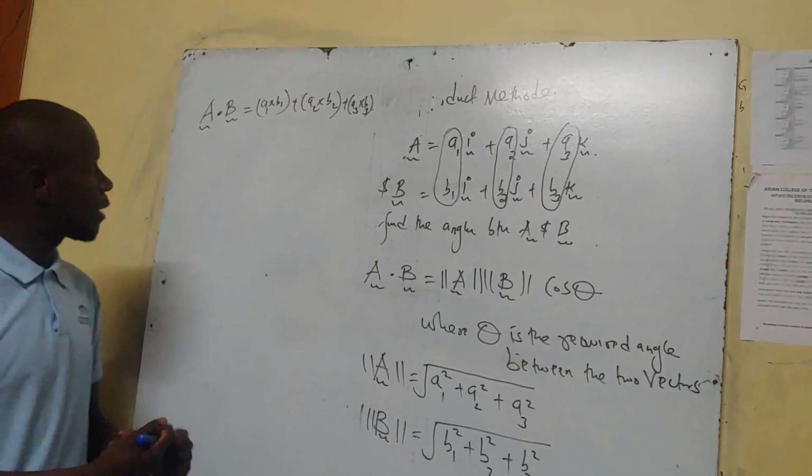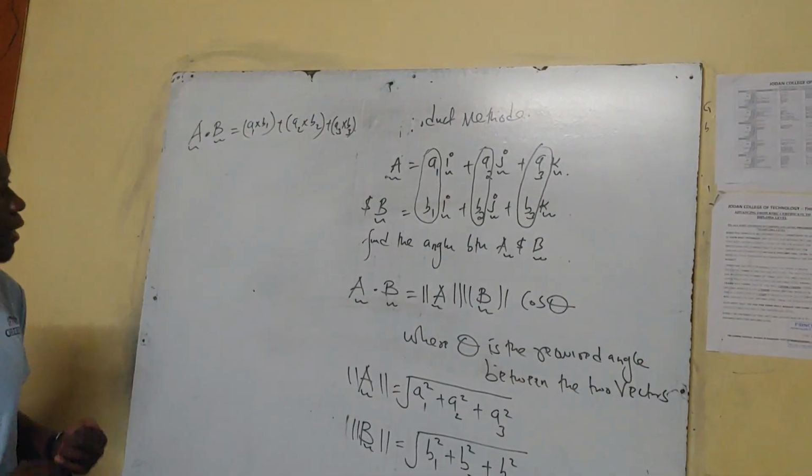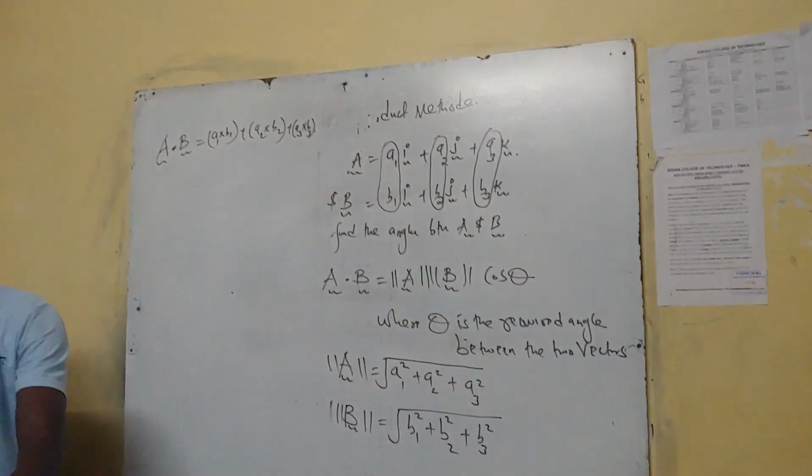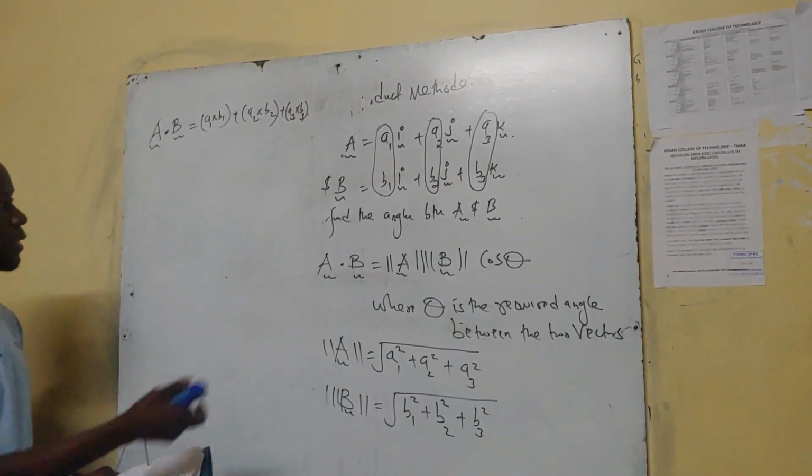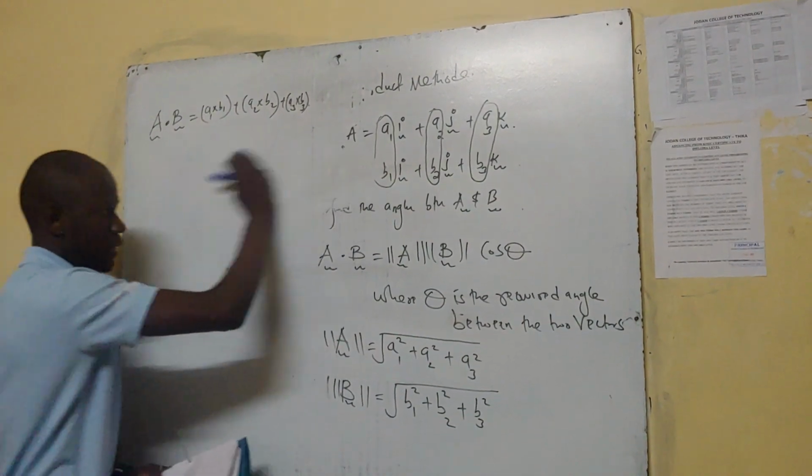So I want us to look at an example and see how we can find the angle between two vectors. Let's look at a case where we are given two vectors.